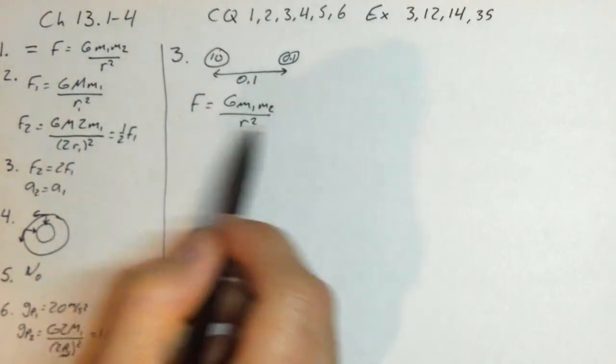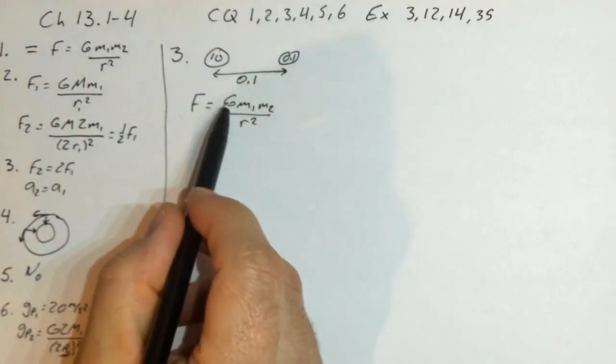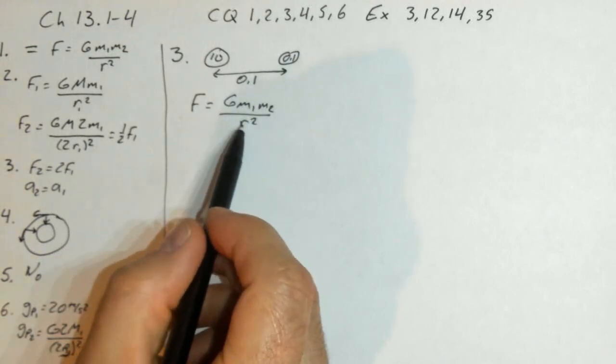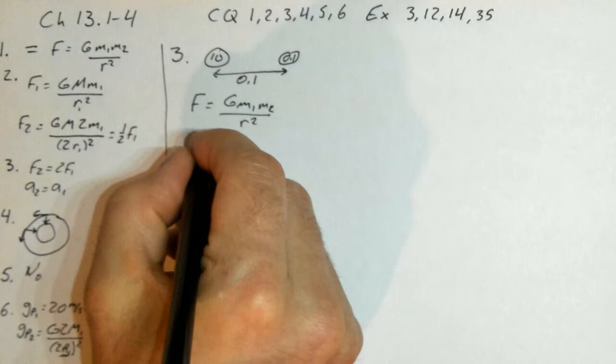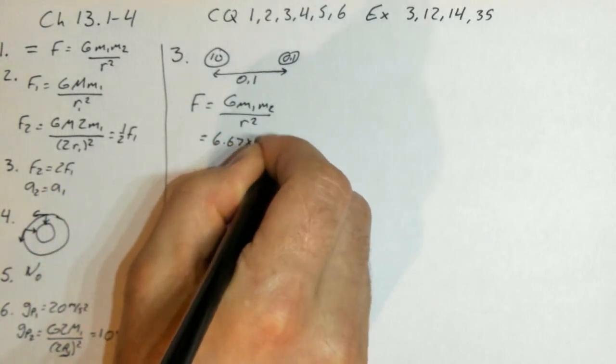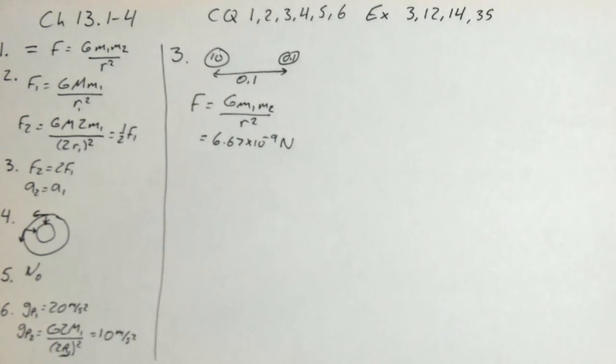We just plug in 6.67 times 10 to the negative 11 times 10 times 0.1 divided by 0.1 squared. And we're going to end up with a fairly small force, which we'd expect because this gravitational constant is so small that it takes planetary-sized objects to have a significant effect.